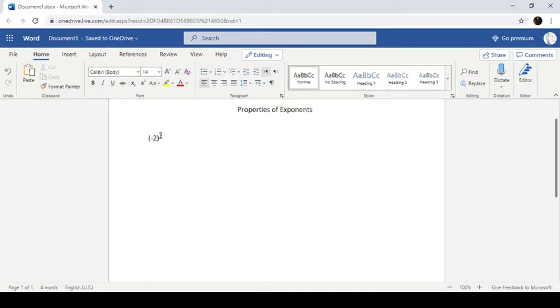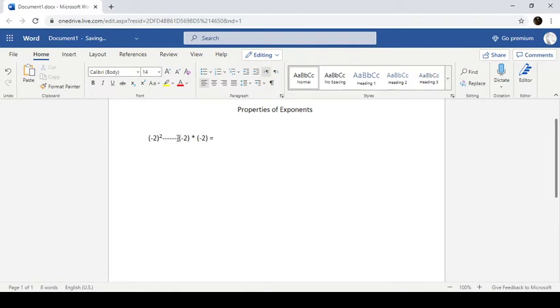Everything in here is treated as one thing. So when we square it, it's all going to get squared. The entire thing, not just the 2, but also the negative. So it's like saying we have -2 in parentheses times another -2.